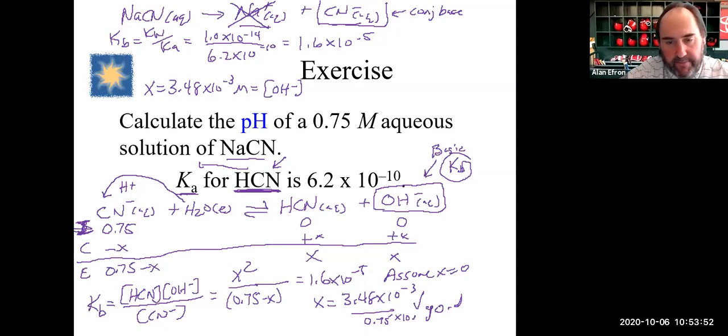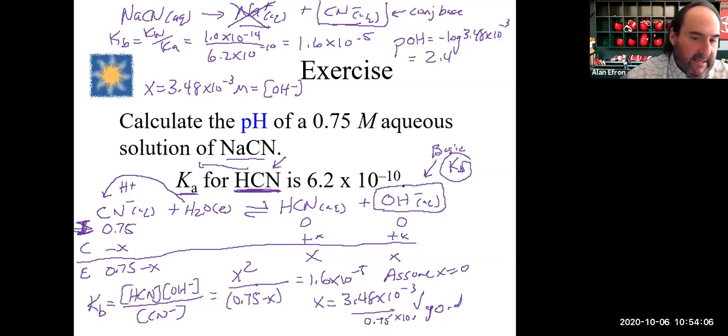And that means that our pOH will equal minus the log of 3.48 times 10 to the minus 3. And that gets you a pOH of 2.46. Remember, again, not the pH. So to get the pH, 14 minus 2.46. Looks like 11.54 for the pH of the solution.